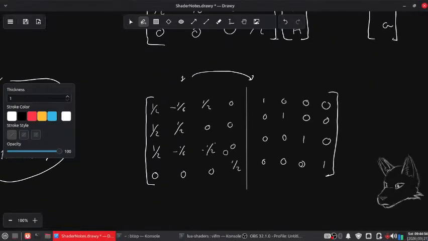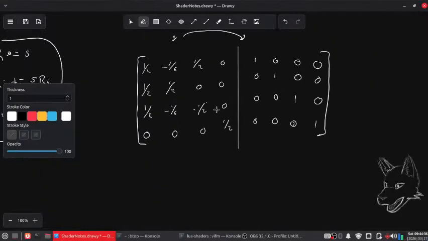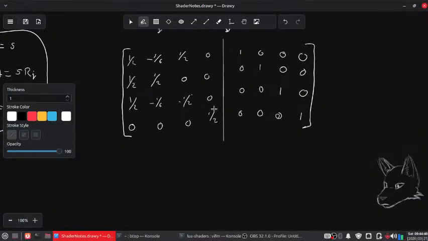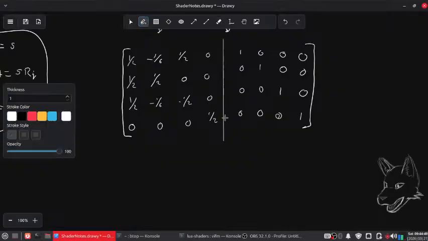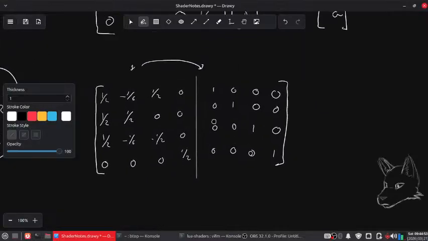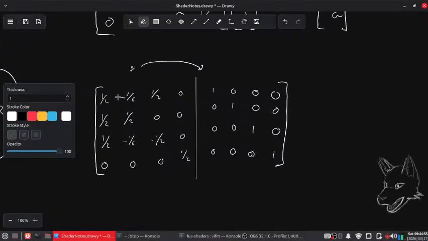So one of the things we could do is figure out what exactly this line is going to be. All right.